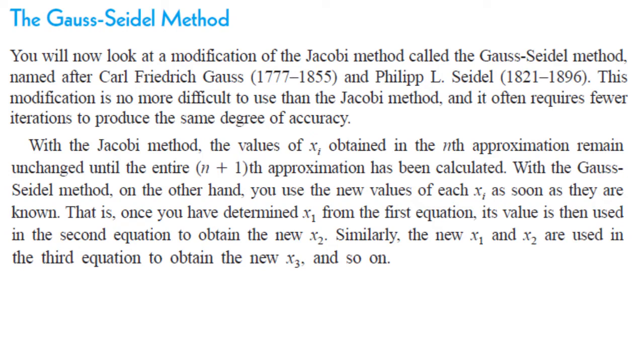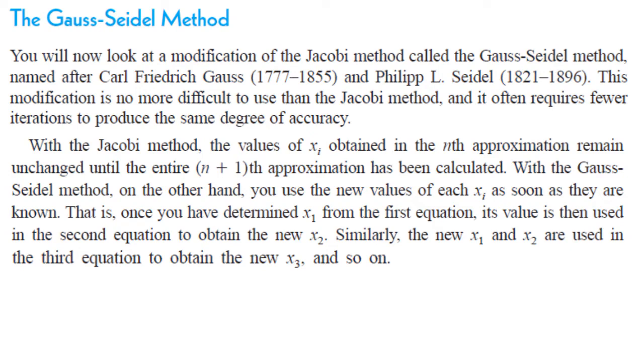But now you have computed a new value of x1. So to calculate the x2 value, you use the latest value. Whatever the latest value you have calculated, just put that one in the system. So you will have a new value for x2.